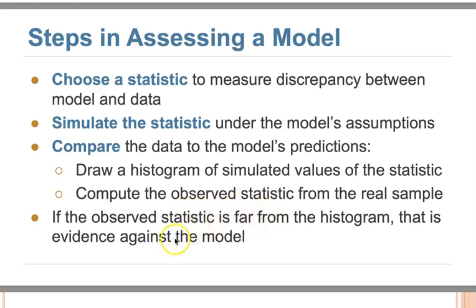If the observed statistic is far from the histogram, that is evidence against the model. Usually we say there is a bias, and we need to reject the model, or look for a new one, or modify the model to better describe and better fit the real-world situation. So that's our lecture 16.